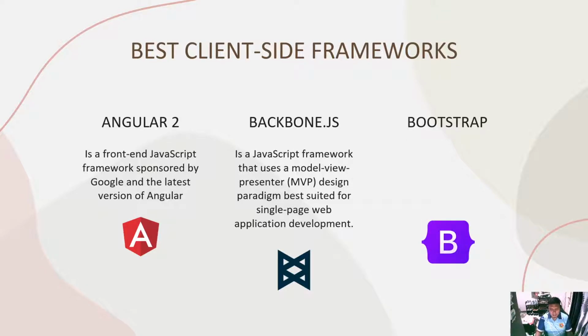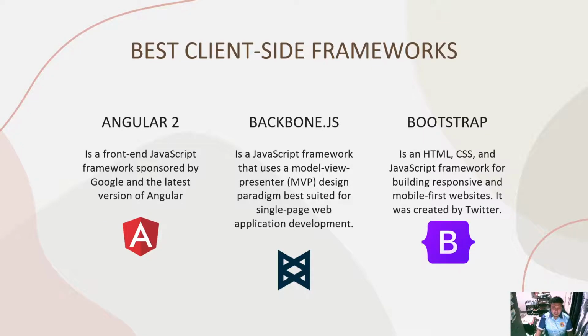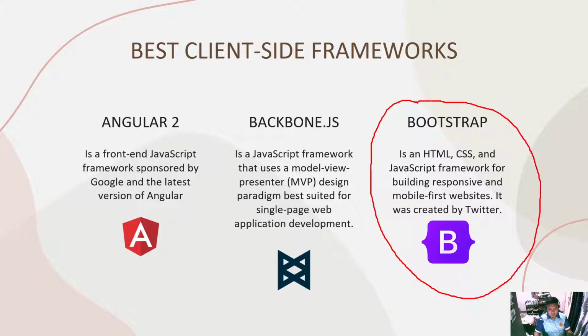And we have Bootstrap, an HTML, CSS, and JavaScript framework for building responsive, mobile-first websites. It was created by Twitter. We might use this framework for our development because it is an all-in-one package: HTML, CSS, and also JavaScript in one framework.